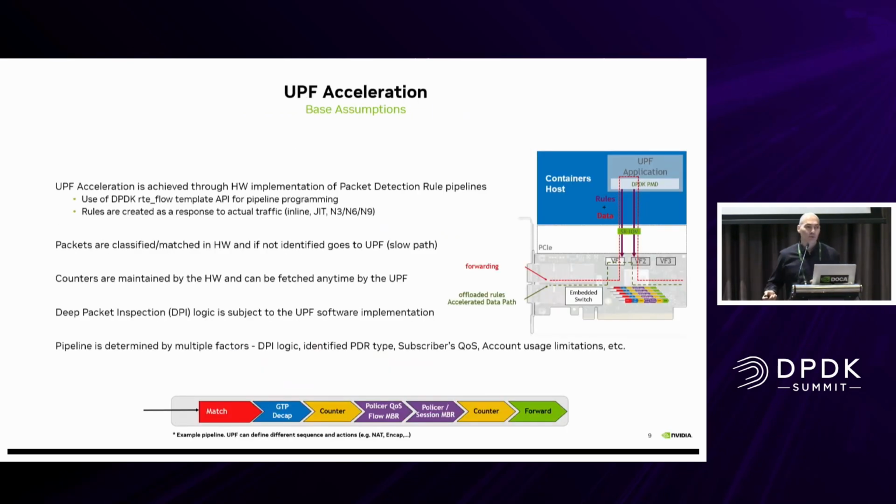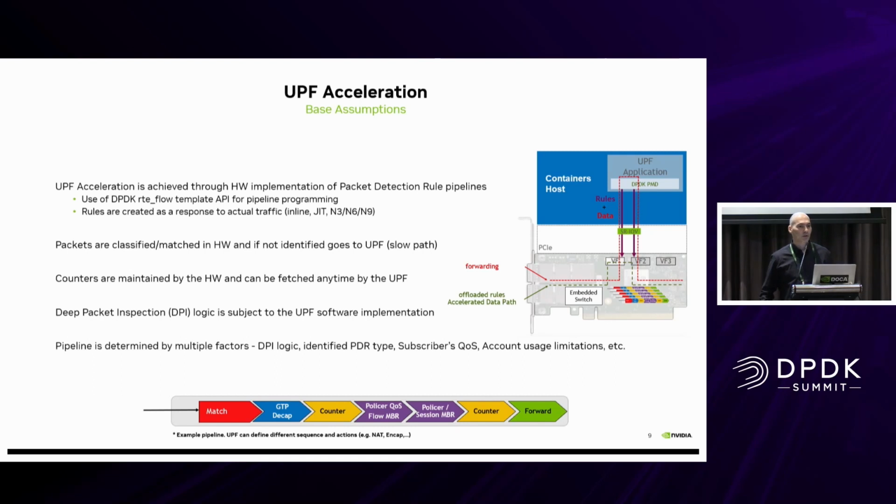So, some base assumptions before we see how the UPF works. The assumption is that the UPF uses DPDK and offloads the packet detection rules through the DPDK. These rules, although they can appear in an asynchronous manner from the SMF, the DPDK doesn't offload them immediately, but rather expects to see what actual sessions will come from the subscriber.